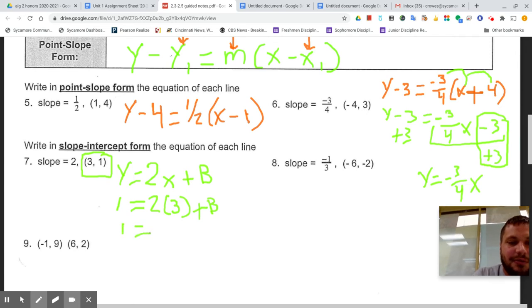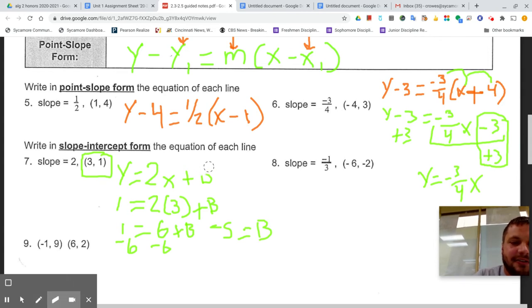So I know that 1 equals 6 plus b. When I minus 6, I get that negative 5 is equal to b. So I know now that the equation of my line is y equals 2x, since it's a negative 5, it's going to be y equals 2x minus 5.